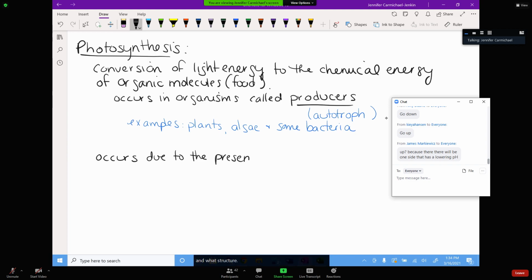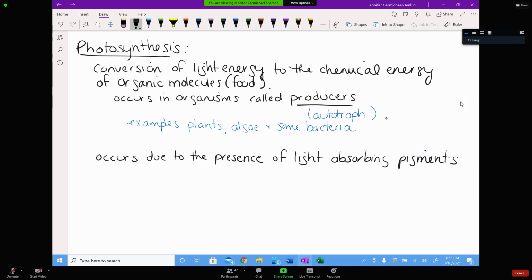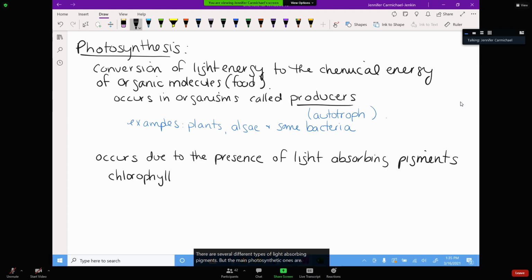And what structure allows for these organisms to do this are light absorbing pigments. There are several light absorbing pigments, but the main photosynthetic one is chlorophyll.